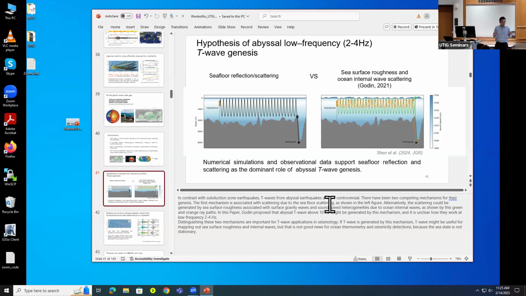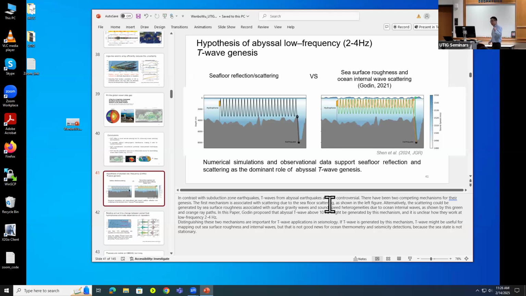The slides are talking about earthquakes at subduction zones, and for mid-ocean ridges it becomes a little bit complicated. The first issue is that mid-ocean ridge earthquakes are not very efficient at generating T waves, because there we don't have the shallow bathymetry within the SOFAR channel.